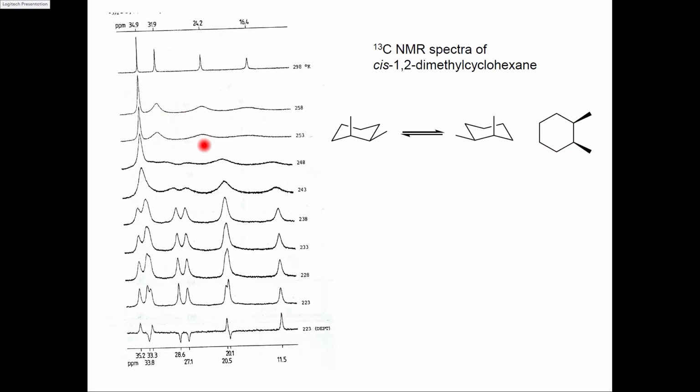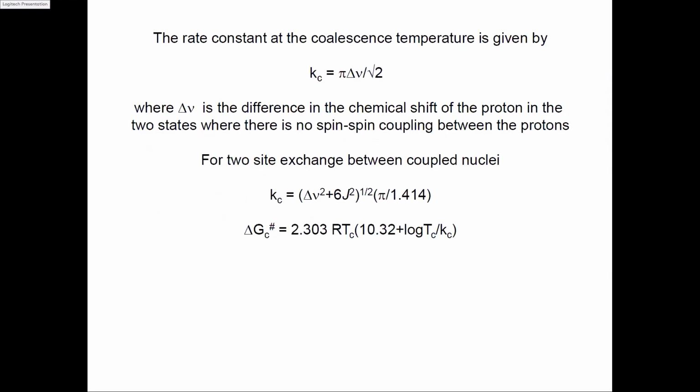Such a detailed study gives you a handle in calculating the activation barrier for this process. Activation barrier is usually calculated using the Eyring equation. At a particular temperature, namely the coalescence temperature, the rate can be calculated and the activation barrier can be calculated.